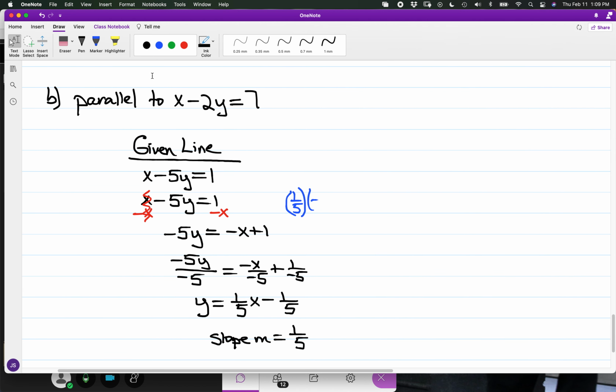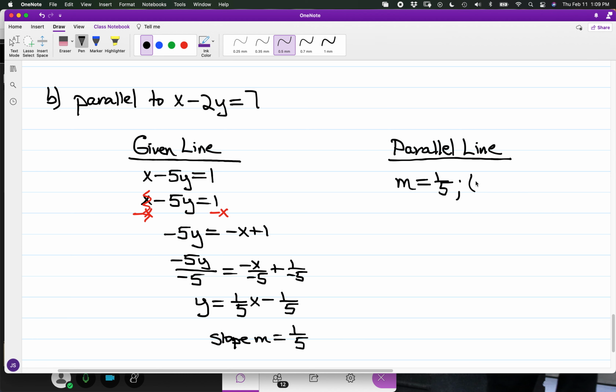Again, we had the slope is going to be 1/5. With parallel lines, parallel lines are going to have the same slope. So we have the slope at 1/5. And we're working with the same point, which we have at (6, -4).